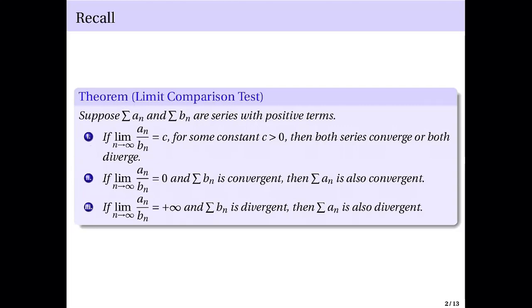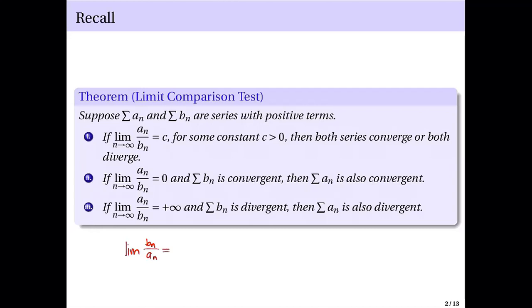Okay? So, why? Look at this. If the limit of AN over BN equals C, which is a positive constant, then you can also compute yung limit ni BN over AN. Correct?